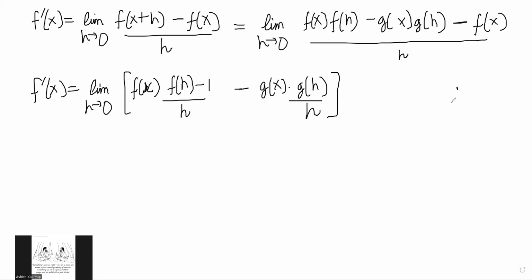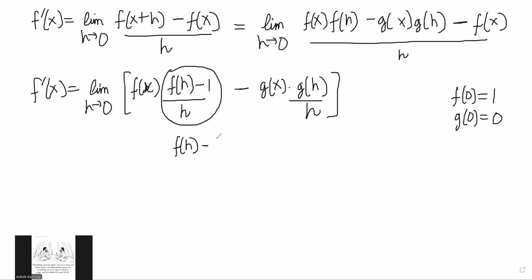Now we know already that f of 0 is 1 and g of 0 is 0. So this part of it is basically f of h minus f of 0 by h, and you have a limit h tends to 0. So that is going to be basically the derivative f dash 0, right?